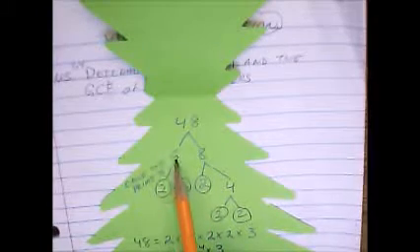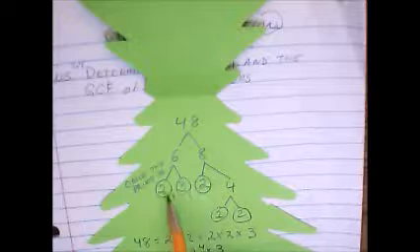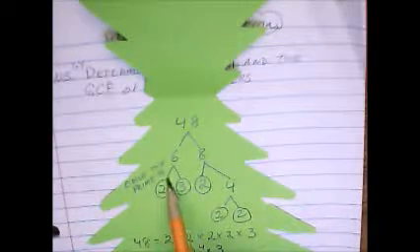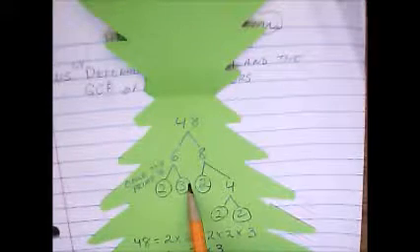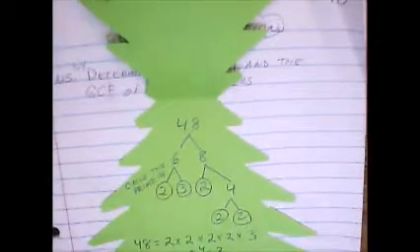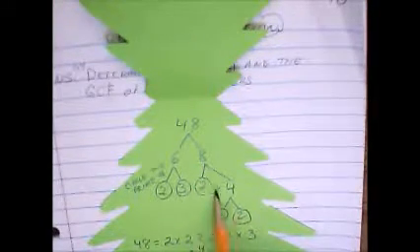So we have 6, and we're going to factor that one out a little bit more. What times what was 6? Well, 2 times 3 was. And then I told you that when we're doing this, we want to circle our prime numbers. So 6 was done. That was 2 times 3, and that was as far as we're going to get. With the 8, we factored that as 2 times 4.